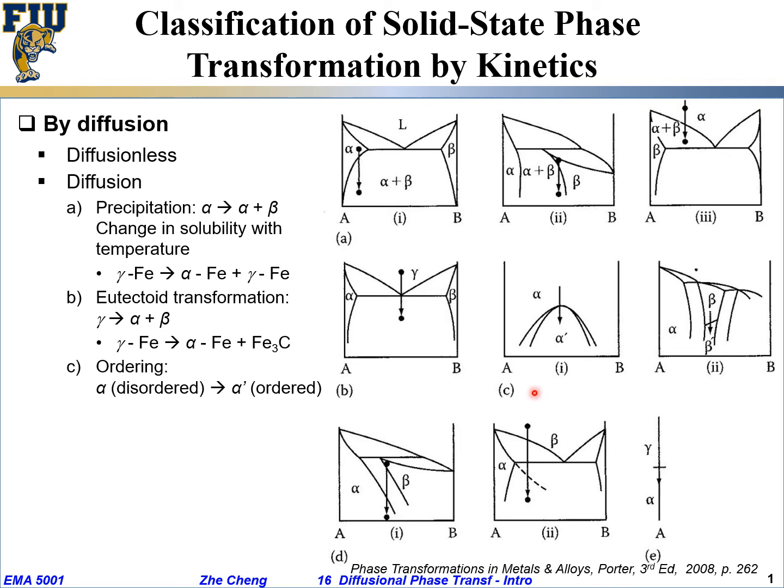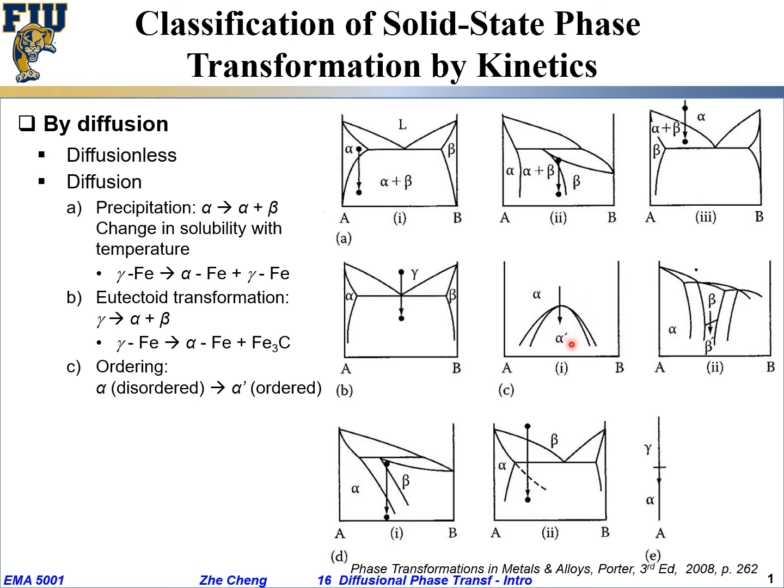For example, we look at the two plots for C, and for the one on the left, as the temperature drops, the system is going from alpha disordered phase into alpha prime ordered phase. Although there's no change in the composition, the randomness of the system suddenly changes as it goes from high temperature to low temperature.